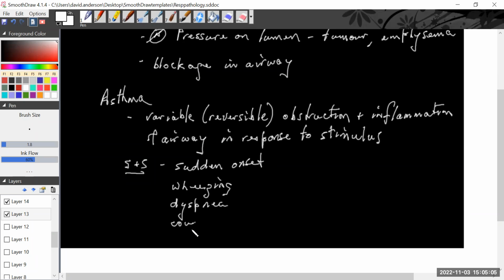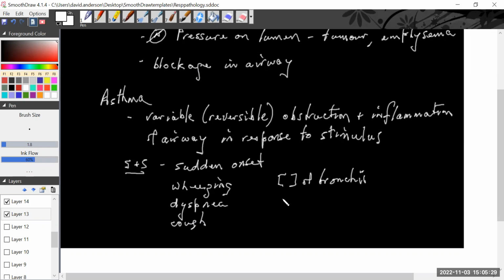There's a cough because there's some production going on within the airways that we're trying to clear. And there's constriction of the airway. So I use those square brackets facing each other as contraction or constriction, in this case, of the airway.